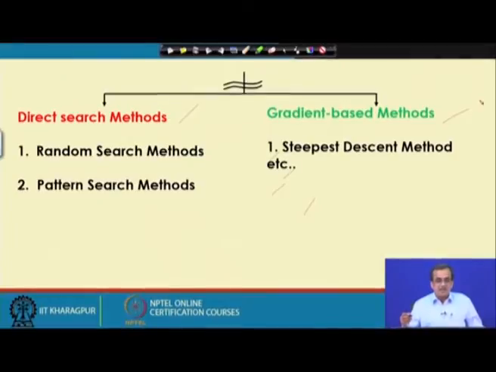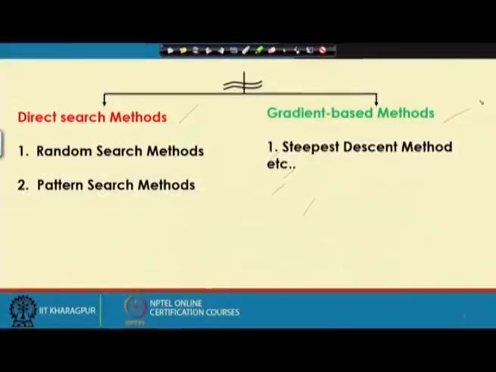In the direct search method, we use the value of the objective function to help that particular optimization tool, whereas in the gradient based method, we take the help of gradient direction to find the search direction of this particular optimization tool.